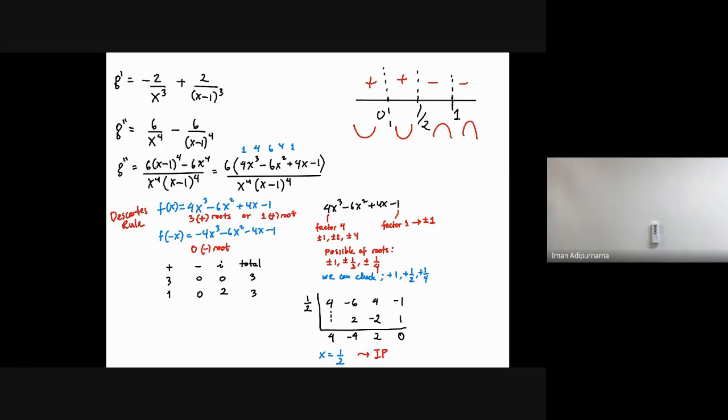Okay, we get 0 at half because this is for the second derivative. So when the second derivative equals 0, meaning this x will be our inflection point. Okay, that's our prediction.